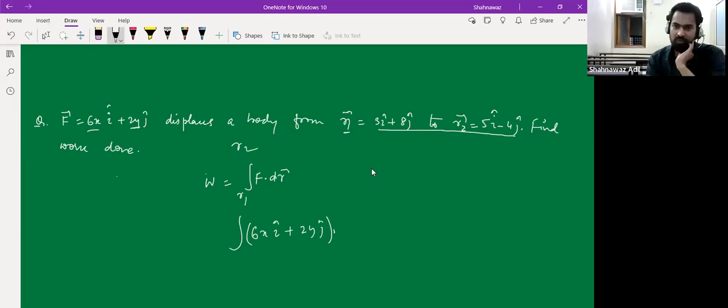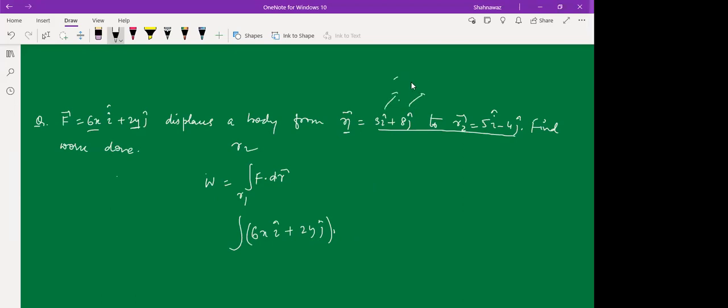Two-dimensional or three-dimensional or one dimension? Guys, force is what? Three-dimensional? So you have only I and J, right? X and Y, so it is two-dimensional.